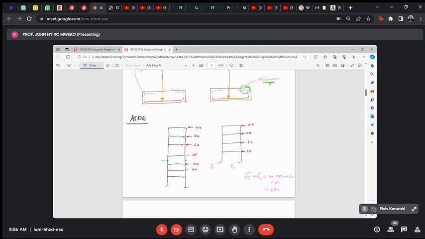So at any level that you consider, the total shear that is being resisted by that level actually increases because it's cumulative from the top going downwards. Are you able to see that, Anthony? Yeah. Does that answer your question?